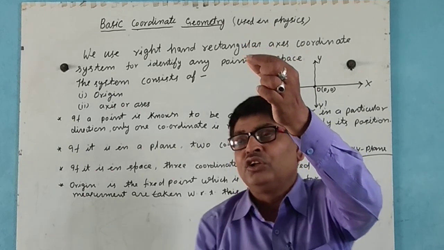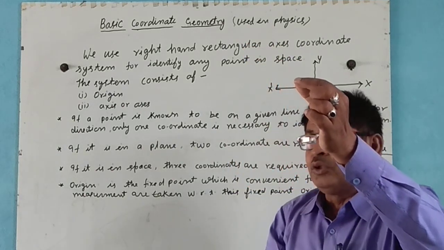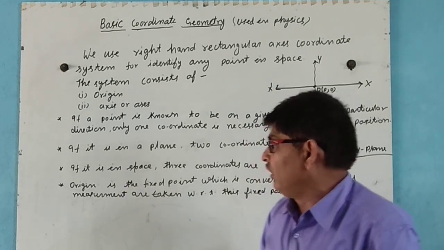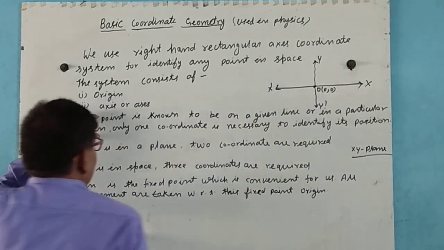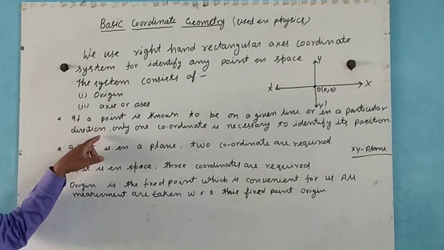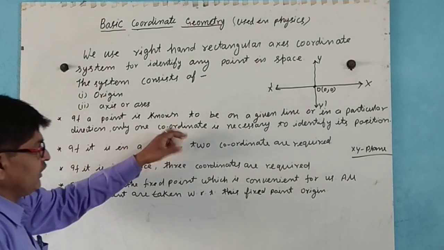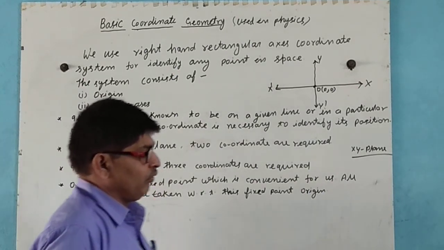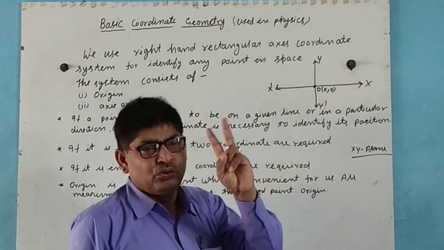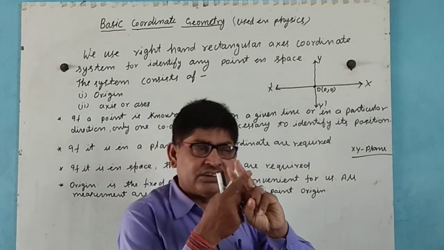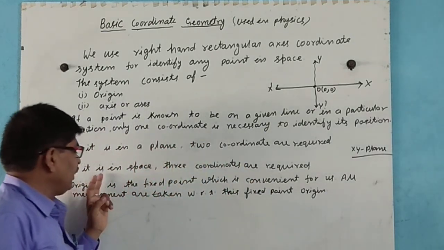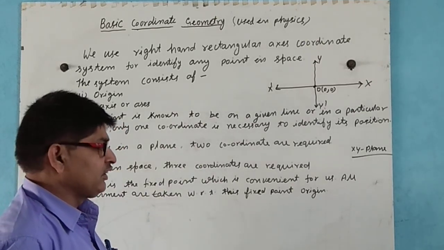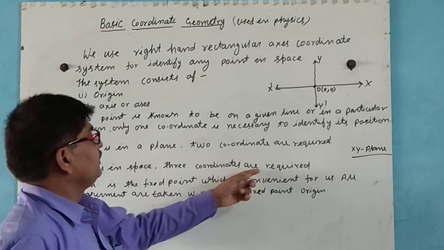Here three coordinates are applied: x, y and z. If a point lies on a line, we generally take only the x-axis. If it lies in a plane, we take the x-axis and y-axis, and if it lies in space, we take the x-axis, y-axis and z-axis.